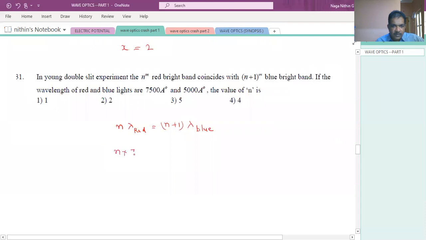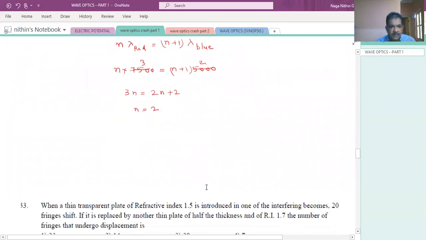So n into 7,500 equals n plus 1 into 5,000. 2,500, 2 times, 3 times. 3n is equal to 2n plus 2. n is equal to 2. This is the answer for it. See the next question.